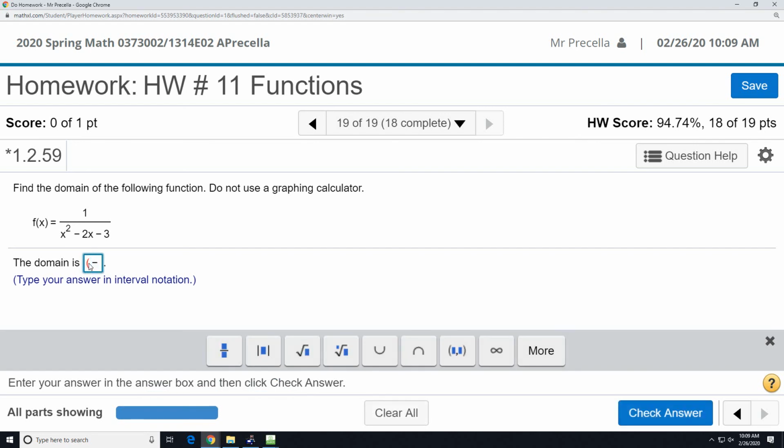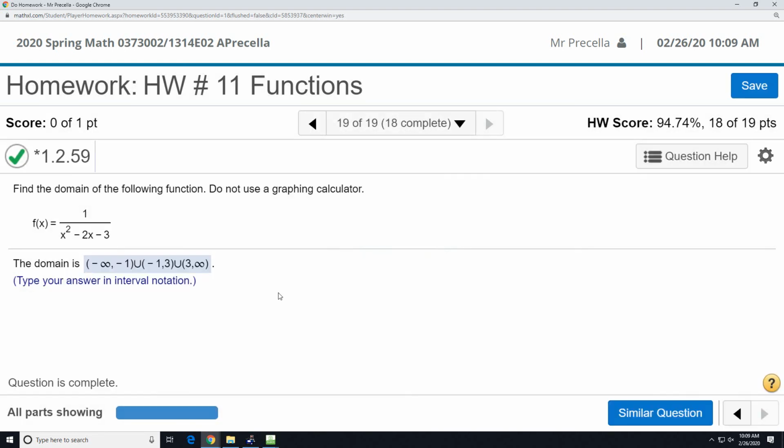Parentheses, negative infinity, comma, negative 1, close parentheses, hit the union, parentheses, negative 1, comma, 3, close parentheses, hit the union, parentheses, 3, comma, infinity, close parentheses.